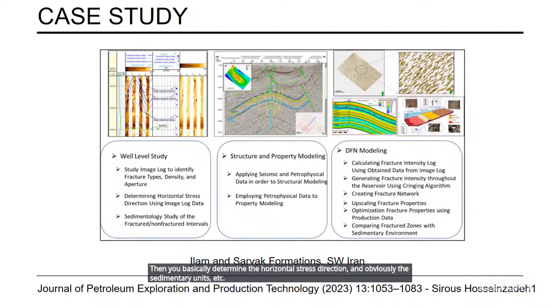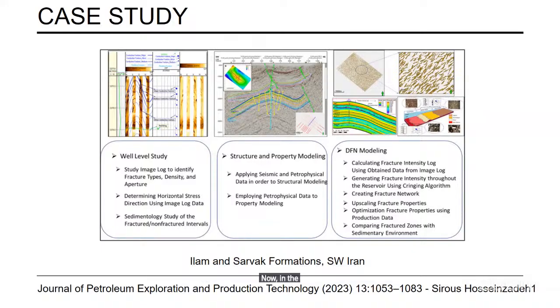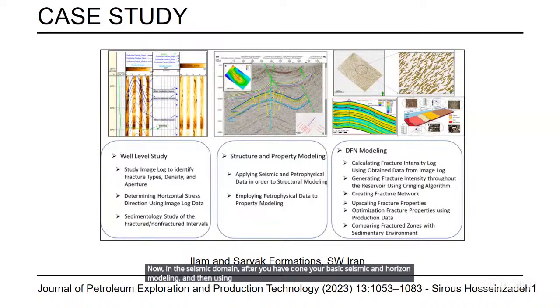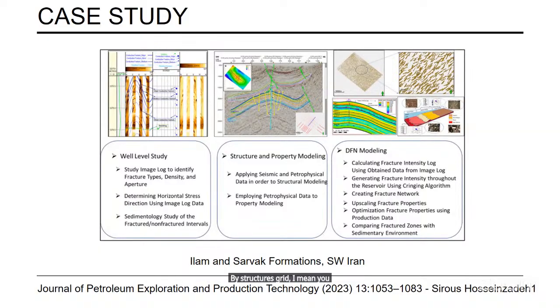In the seismic domain, after you have done your basic seismic and horizon modeling, and using the well information you have done your velocity modeling, you convert the time domain data to depth domain, and then you create a structural grid. By structural grid, I mean a framework where all your interpreted faults and horizons are inside a 3D structure.